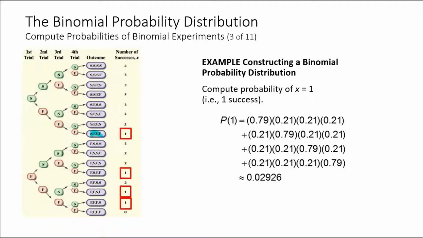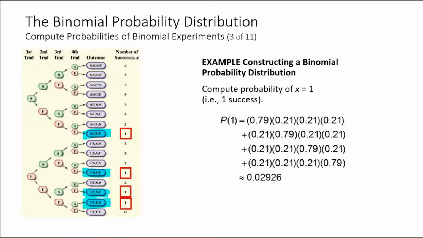We have the first flight is successful, or the second flight is successful, or the third flight is successful, or the fourth flight is successful. So all of these are going to give me the probability of one flight is successful. How do I compute it? I'm going to compute each branch, multiply, and then add those branches up, because I'm going to say it's going to be success.